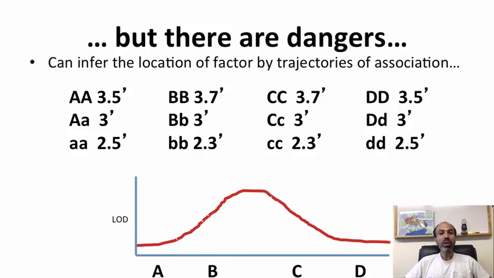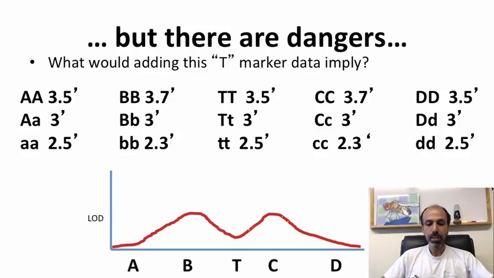Now, I mentioned to you before, these things are hypotheses, and there are dangers. You can actually be misled. Now let's imagine that we looked at another marker right in the middle. Let's say it's the marker T. What we expect is T should have a stronger association with this trait than B or C. But what if we do that and we see this?